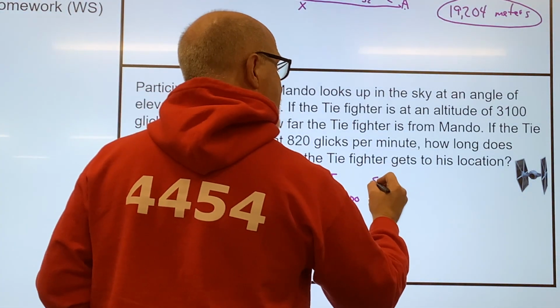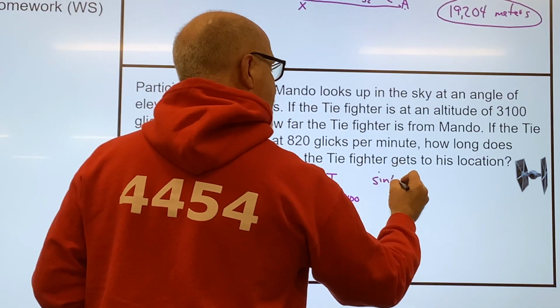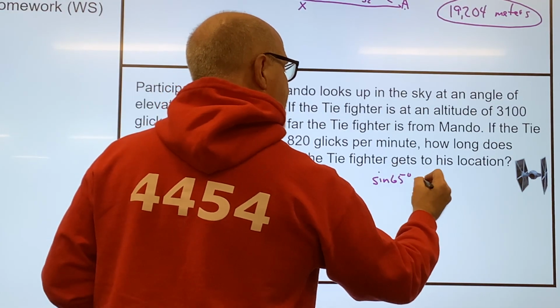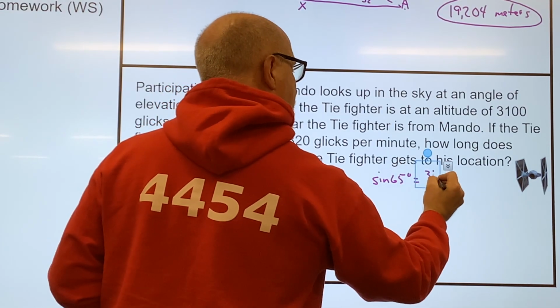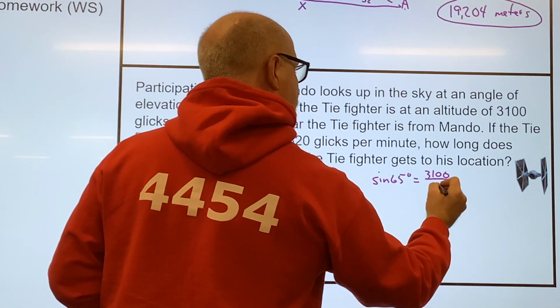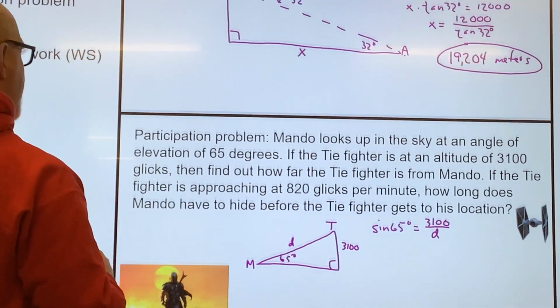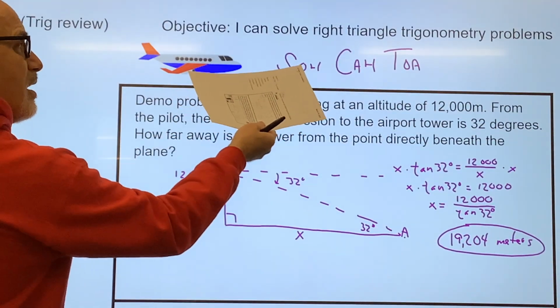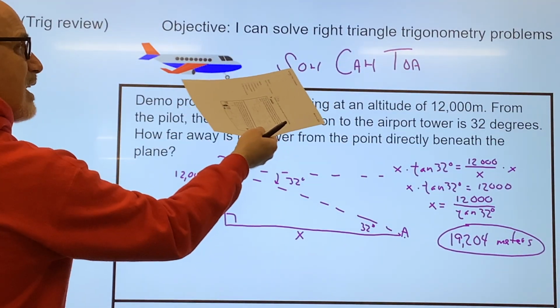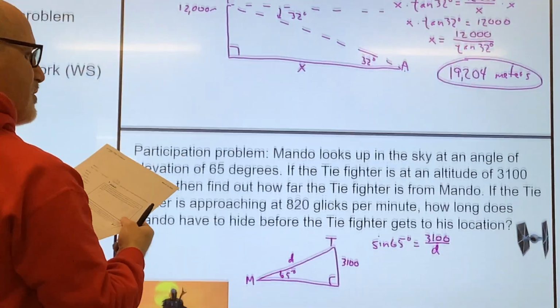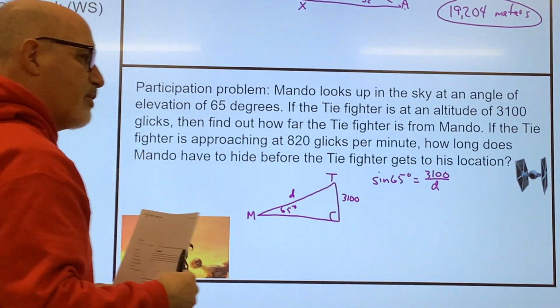So I'm going to use sine of 65 degrees equals 3,100 over D. How I got sine is using my SOHCAHTOA, opposite and hypotenuse goes with sine. So you've got to pick the correct trig function when you do this.